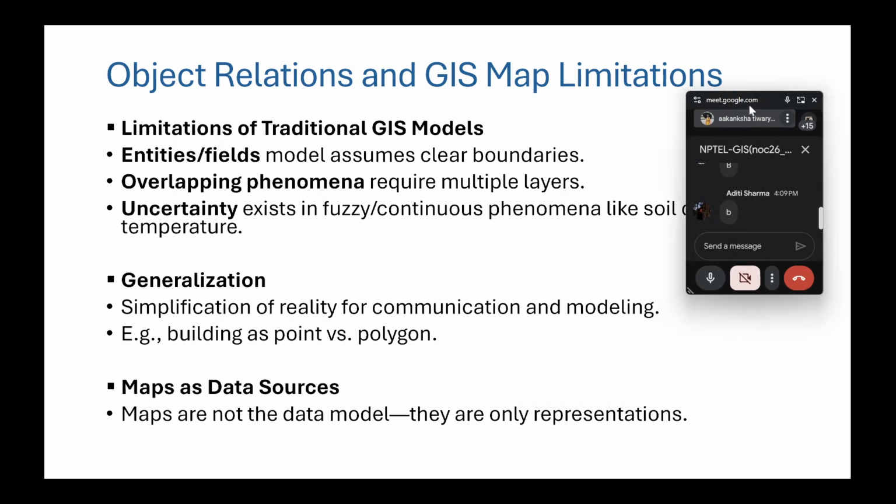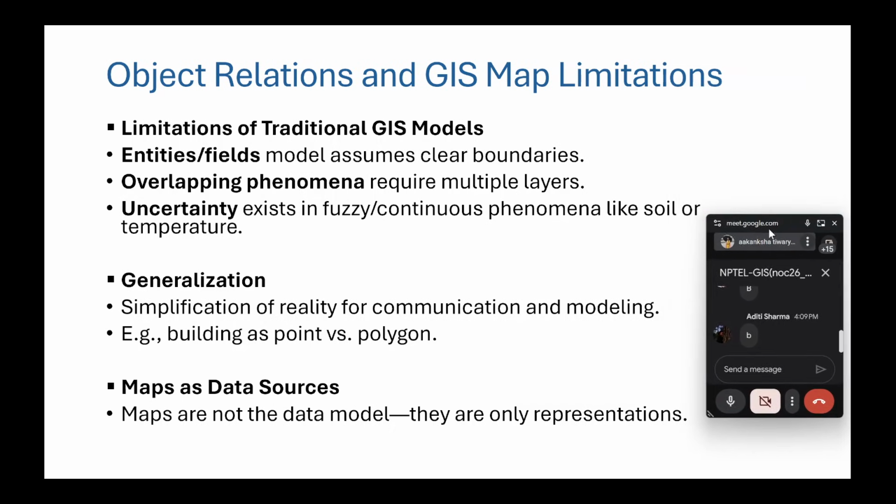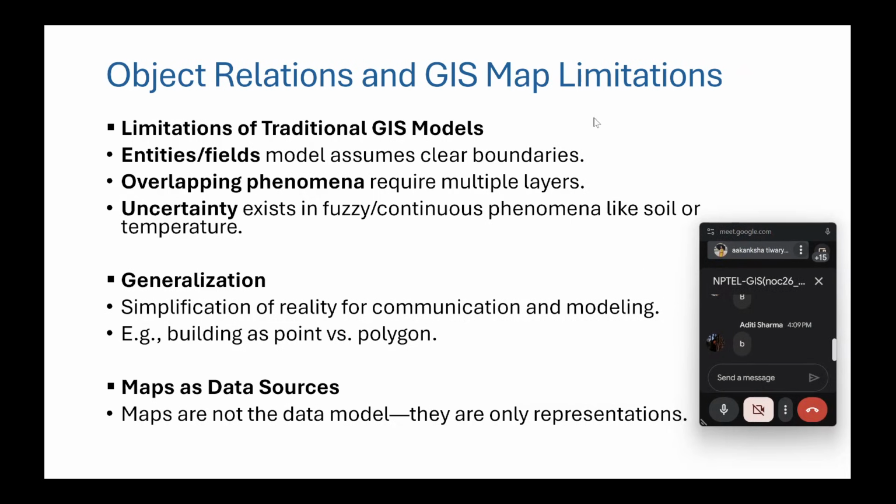Now there is some object relation and GIS map limitation. So what are the limitations of the traditional GIS model? For entities or fields, the model assumes clear boundaries. Sometimes in the real world, there is no clear boundary. Also, overlapping phenomena require multiple layers, and uncertainty exists if we look at continuous phenomena.